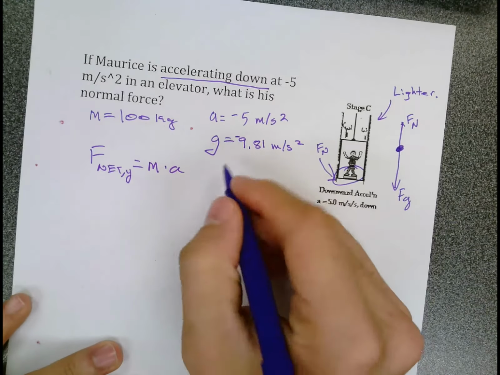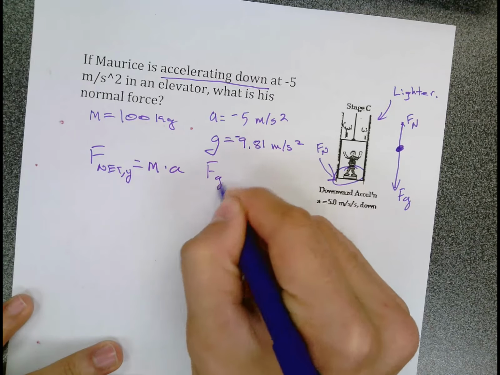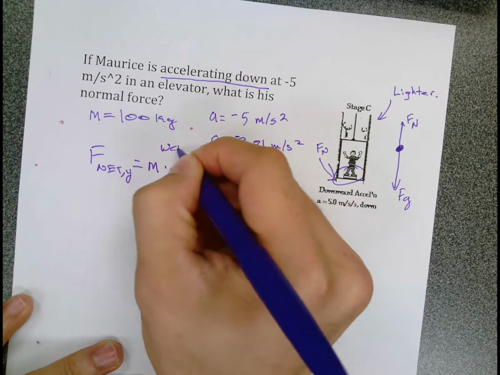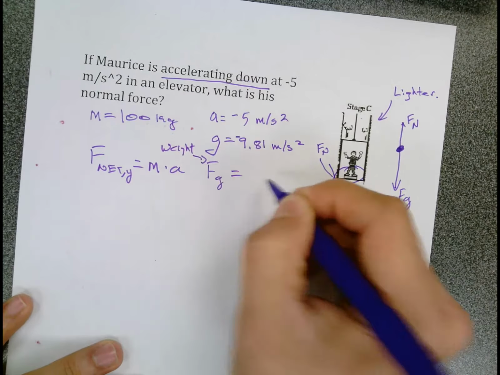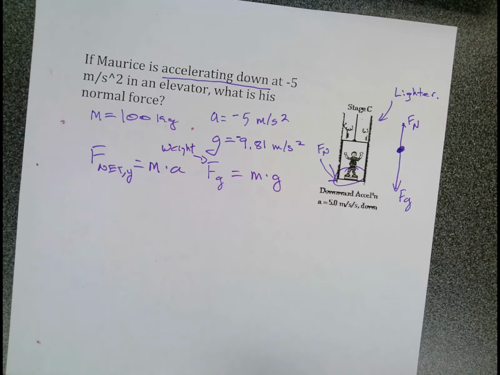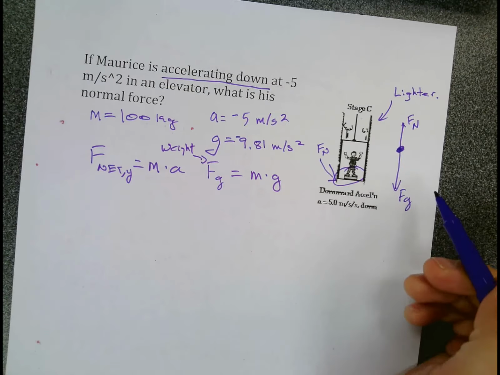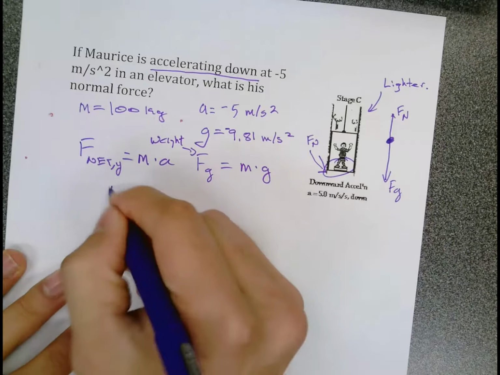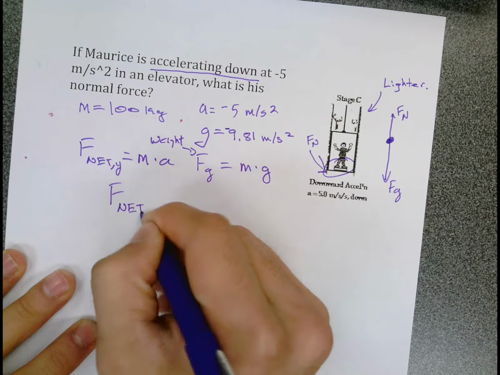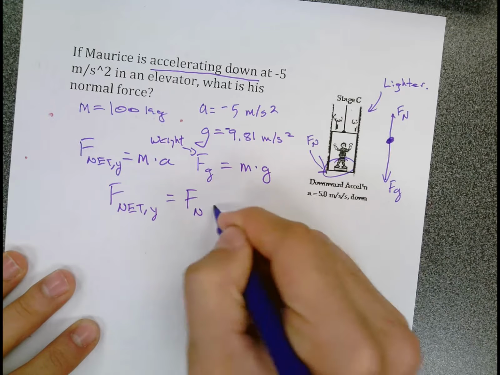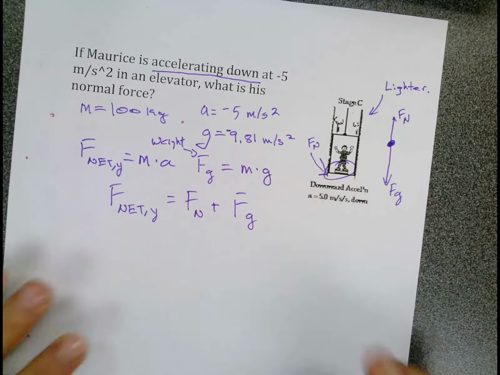We also know that the force of gravity, which is weight, is equal to the mass times the acceleration due to gravity. In any diagram with a free body diagram, you'll see that the net force can also be calculated by adding together all the forces. In this case, that's the normal force plus the force of gravity.